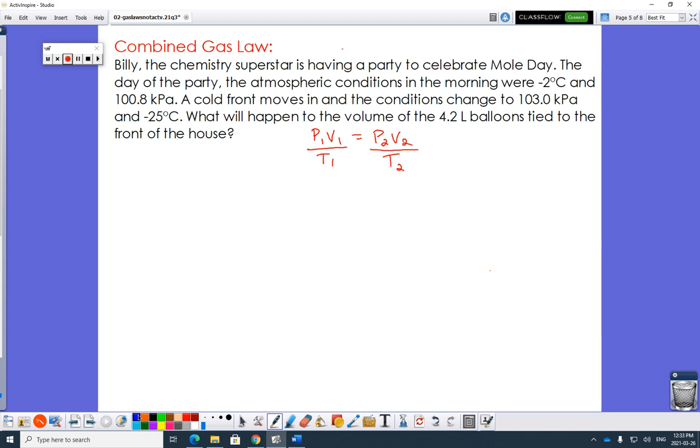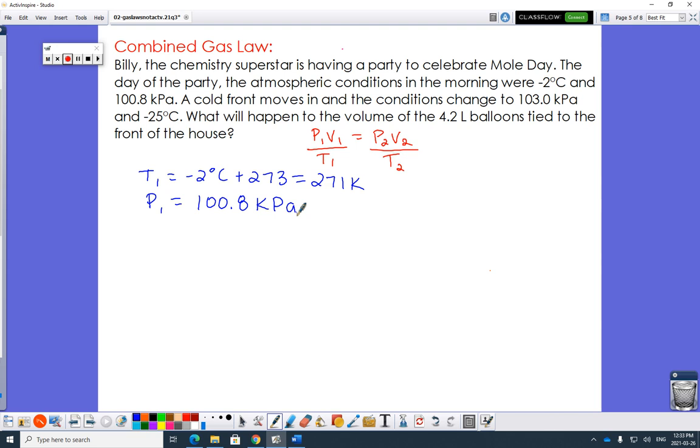So the atmosphere conditions in the morning were -2, so temperature 1. And again, right away, I would just change that into Kelvin. Okay, so 271, and 100.8 kPa. Often when you're talking about weather, people will use kPa.